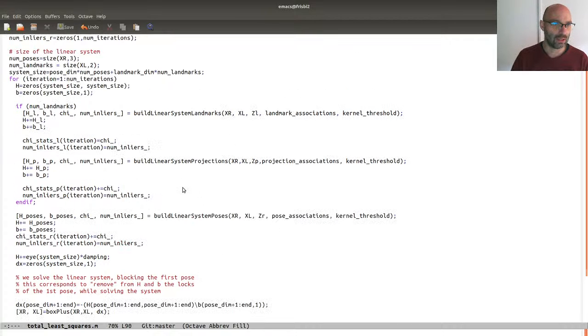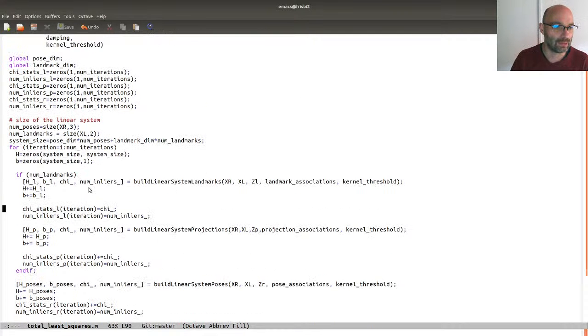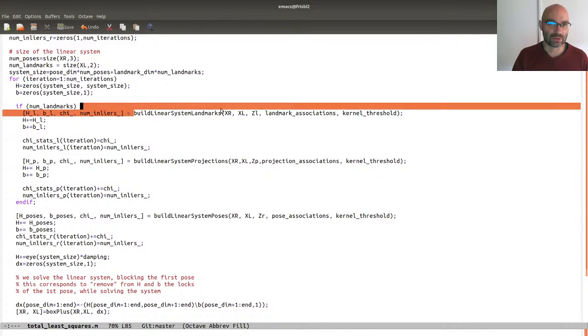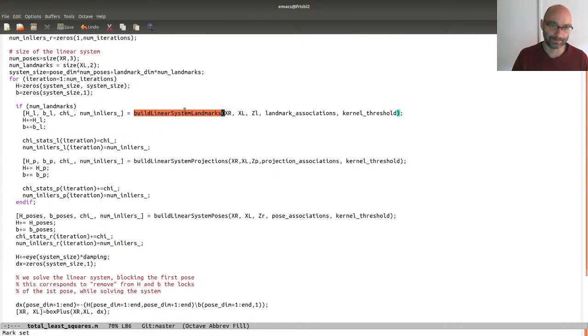Now, what this system is doing is straightforwardly assembling the quadratic form, which is H and B, calling the individual classes of measurements. This will construct the contribution to H and B stemming from the landmark measurements.